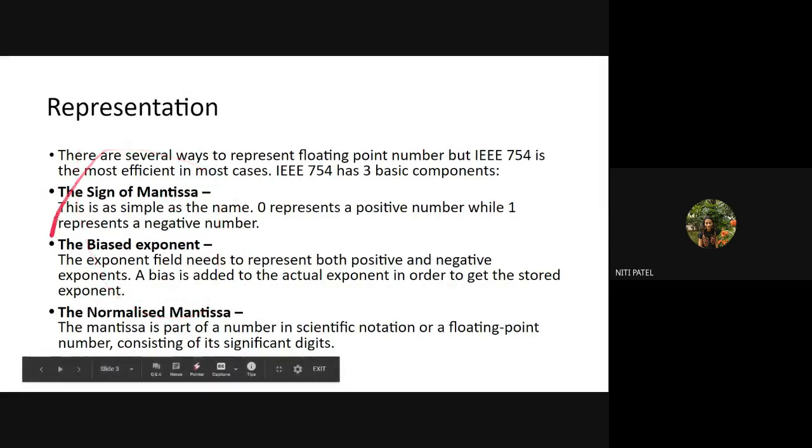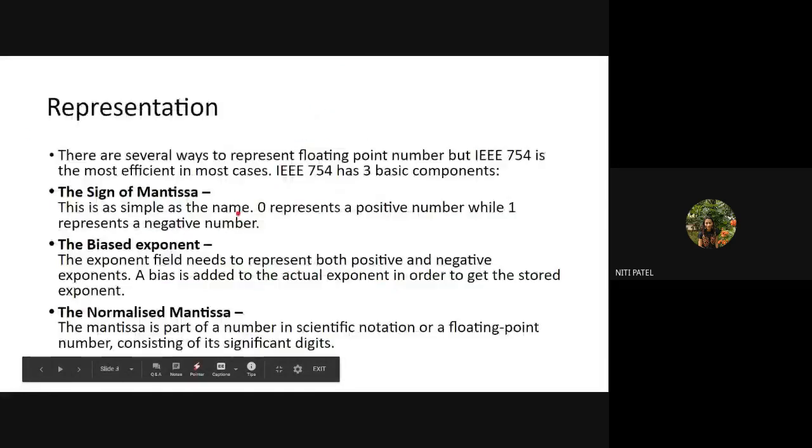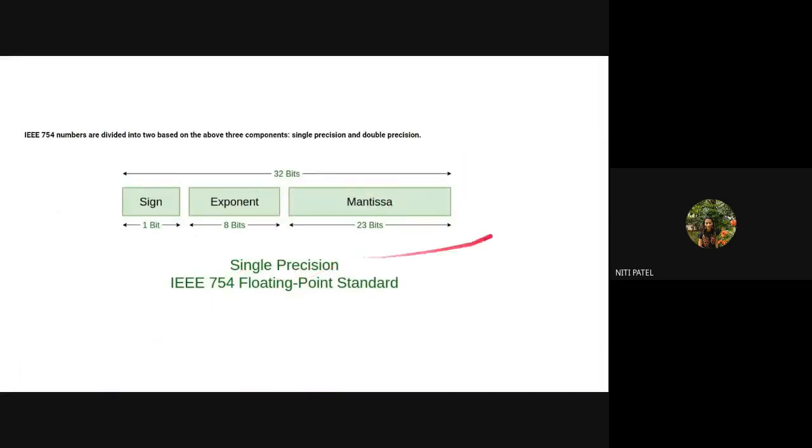All these three representations can be in the form of single precision or in the form of double precision. So let us first see the single precision. If it is single precision, all these three will be represented in how many bits? 32 bits. Okay. So if it is single precision, this is the format.